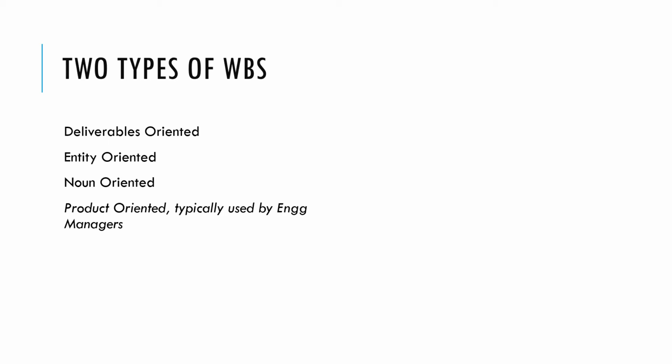Since this kind of WBS is based around the product, it is typically used by engineering managers. So when somebody tells you deliverables oriented, entity oriented, noun oriented or product oriented WBS, they are talking about the same thing. And in the next slides, we will take a look at an example of WBS for both these types.